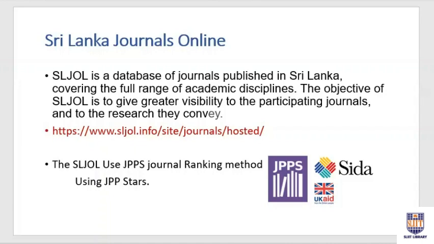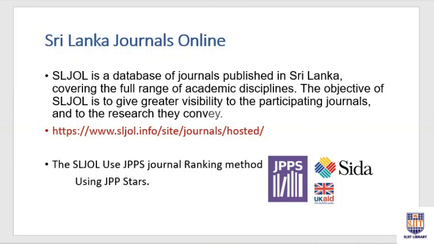I'm giving you the link. When you enter the Sri Lanka Journals Online database, you can see against each and every journal a very clear symbol. In some, it says 1 star, 2 star, 3 star. Those are the JPPS stars, the evaluation method of the JPPS.